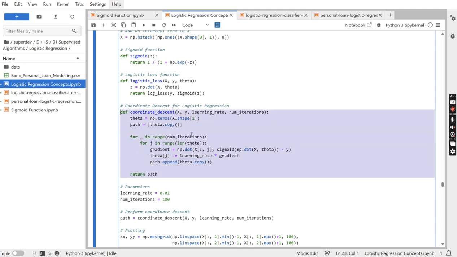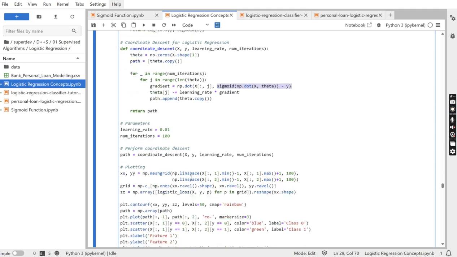So 90% of what it is doing is similar except for this sigmoid part. You don't have sigmoid in the gradient descent function. In the gradient descent function, there is only the calculation on the matrix and subtracting the learning rate times the gradient. That much you have, but you don't have this sigmoid portion. So I think this is the difference between coordinate descent and gradient descent.